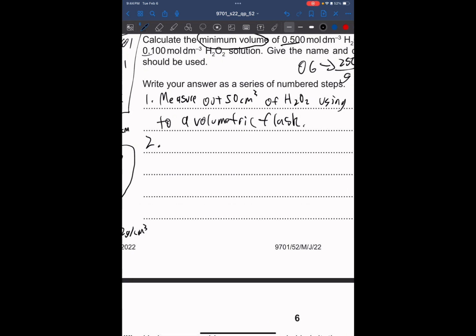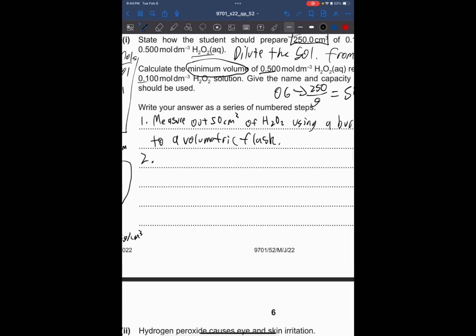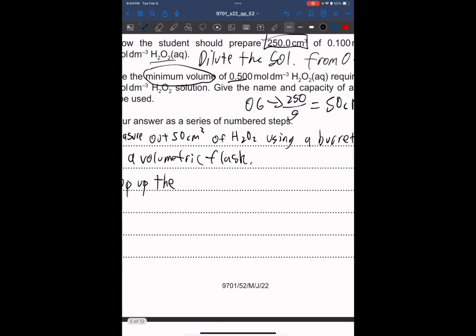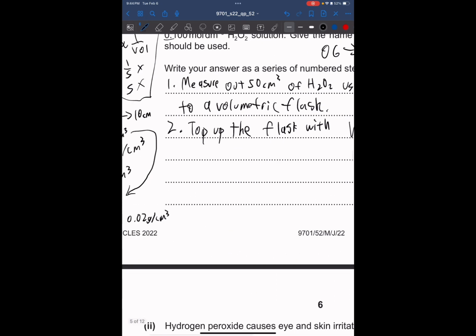So the second step is, we already have that 50 centimeter cube. What we're going to do is top up the flask with water up to the 250 centimeter cube mark.